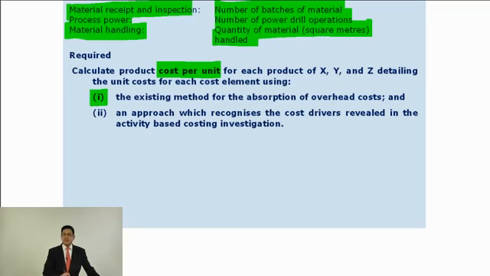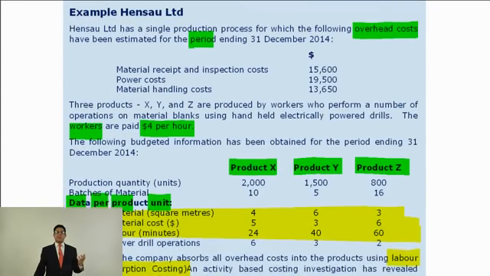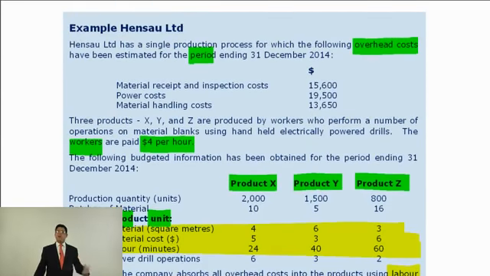Number 1, using the existing method for the absorption of overhead cost, and number 2, an approach which recognizes the cost drivers revealed in the ABC investigation. Okay, so requirement 1 is absorption, requirement 2 is ABC. Let's set up the answer plans, and then we will pick up the information from this example, Hansau Limited, and then we will be dealing with it one by one. So here we go.